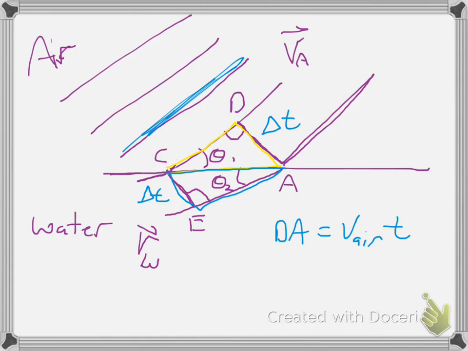And from C to E, it is the velocity in water, which I'll write with a W, times the time. Remembering that, let's move forward to the next screen and see what we get.